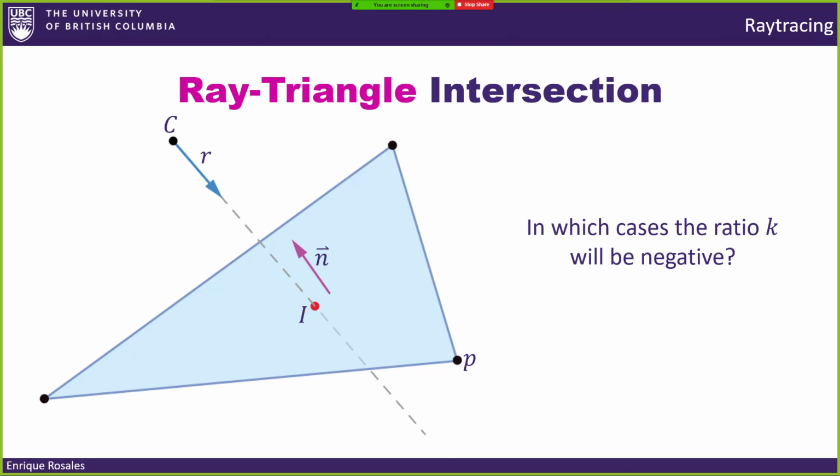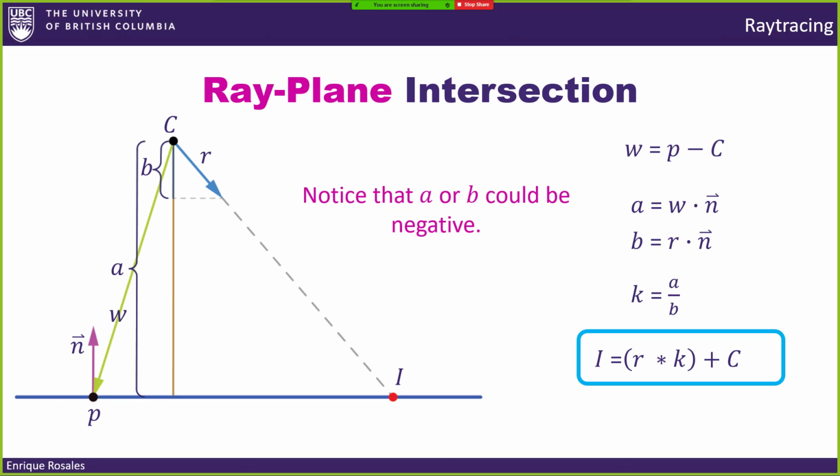Okay, someone says the triangle lies opposite to the direction of R. Yes. So notice that A or B can be negative, right? Again, someone already told us that the other day, and someone already posted something like that on Piazza. But what happens if my numbers are negative?